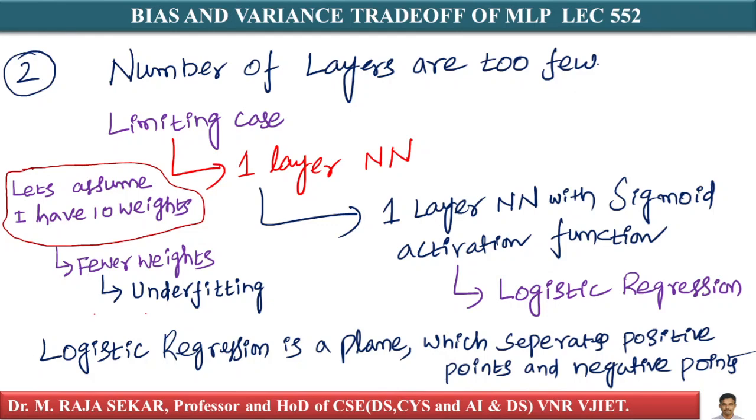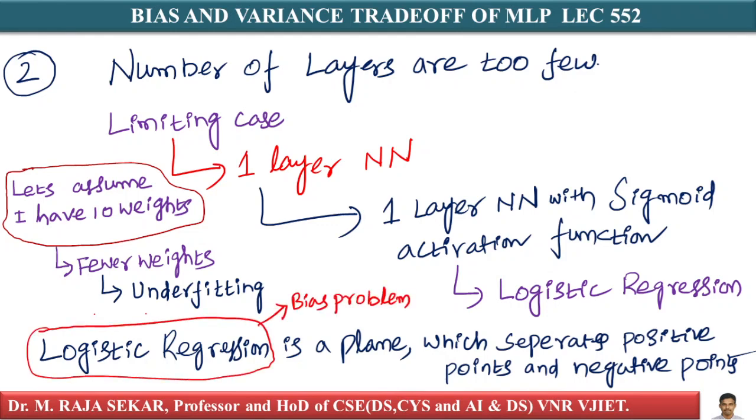Similarly, logistic regression has a bias problem more than a high variance problem, because it is a very simple model with very few weights. Since it has fewer parameters, it has a high chance of underfitting or high bias problem.